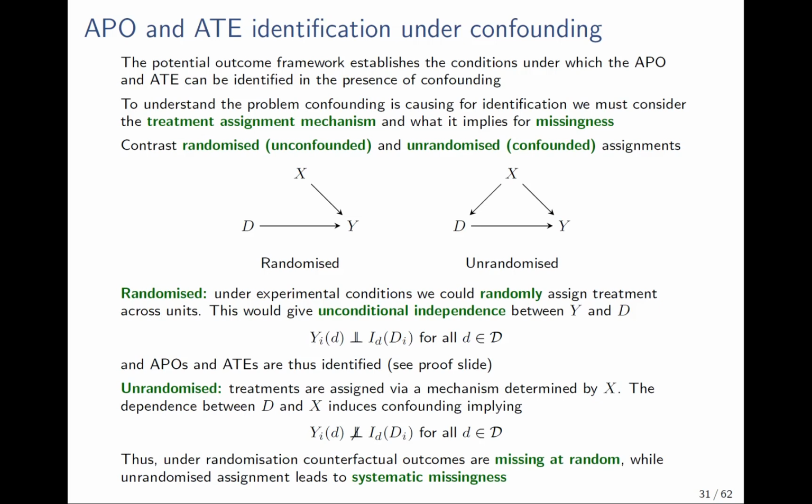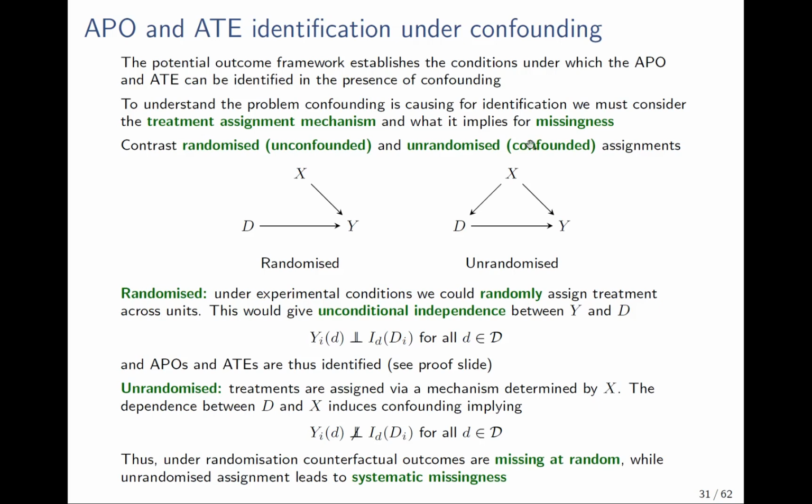The way to think about this is to contrast randomized and unrandomized treatment assignment, which we've done here in this diagram that I'll come to in a minute. Because for our inferential purposes, a randomized treatment assignment corresponds to one that is unconfounded, and I'll explain that in a minute, and an unrandomized treatment corresponds to one that is confounded. And that's because confounding and the nature of treatment assignment mechanism are very, very closely related.